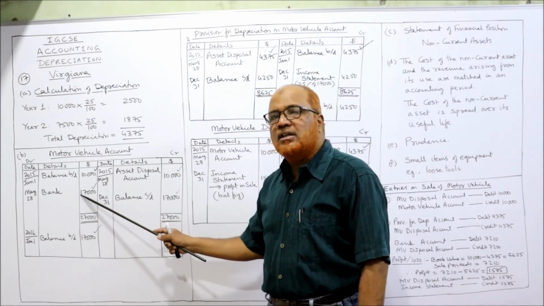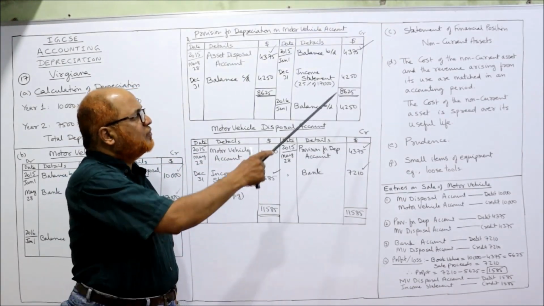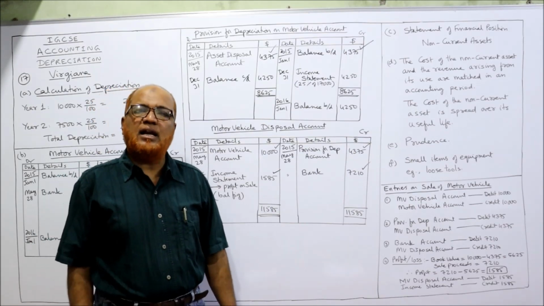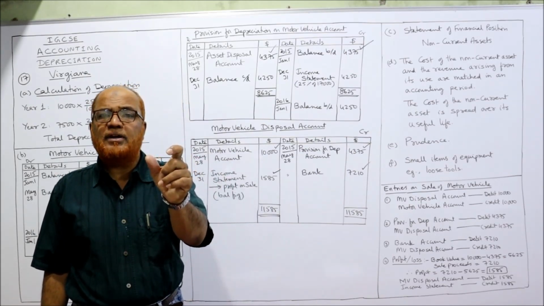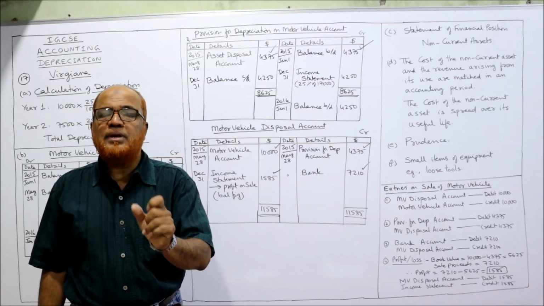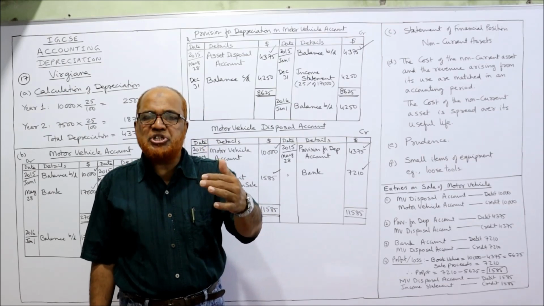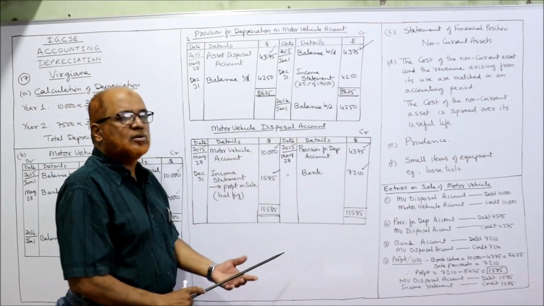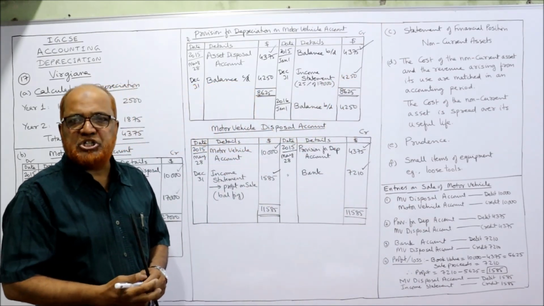So during the year 17,000, 25% of 17,000, that comes to 4250. The entry for this is income statement account debit, provision for depreciation account credit. The provision for depreciation account should be credited. Income statement 4250. This is the depreciation on the new motor vehicle purchased.